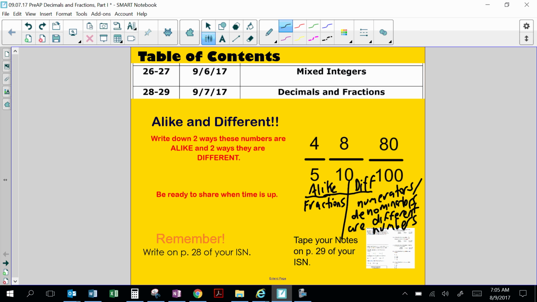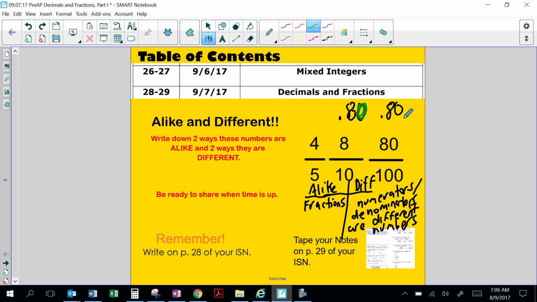Let's go back to alike. This is 8/10. Can I write 8/10 as 80/100ths? If I affix a 0 right here, is 8/10 equivalent to 80/100ths? It is.